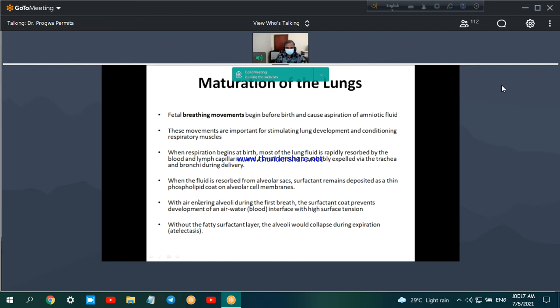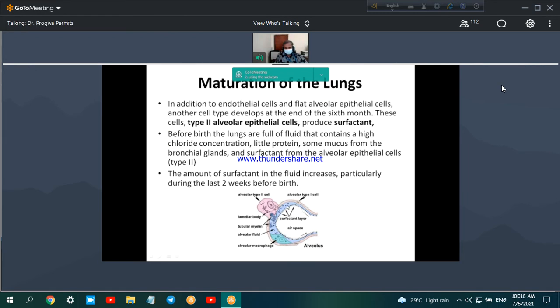When the fluid is resorbed from the alveolar sacs, surfactant remains deposited as a thin phospholipid coat on the alveolar cell membrane. Here, surfactant is distributed in the alveolar cell membrane.